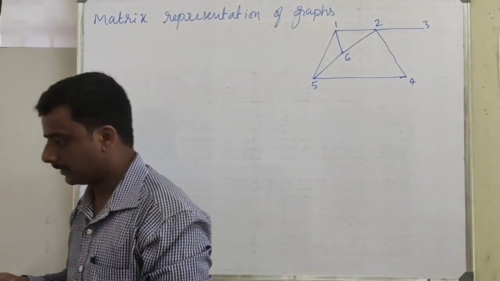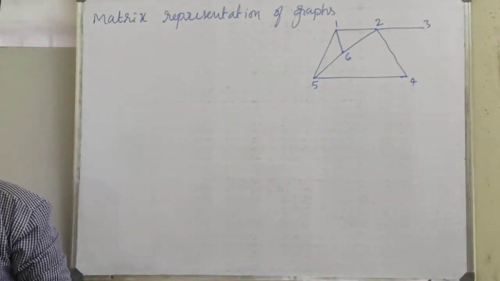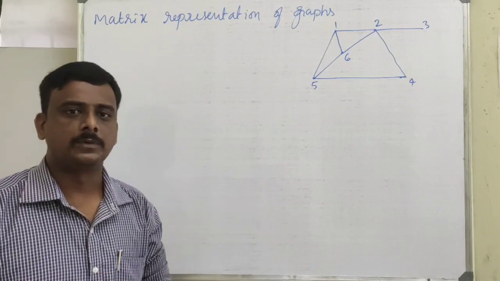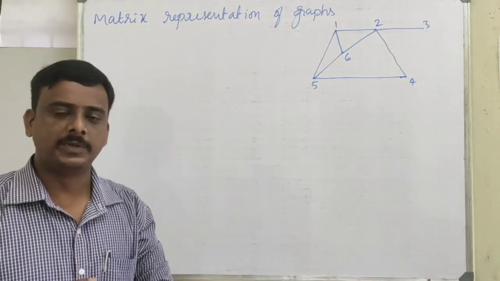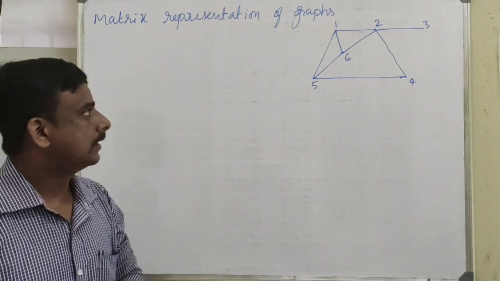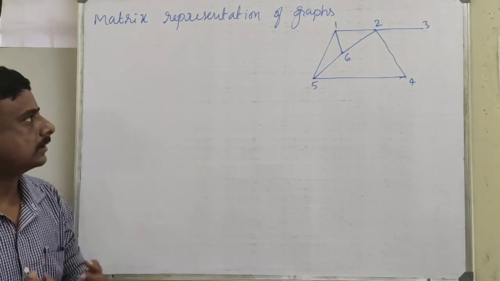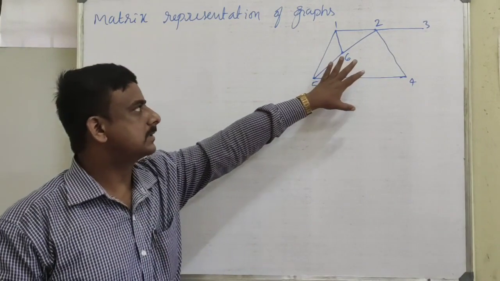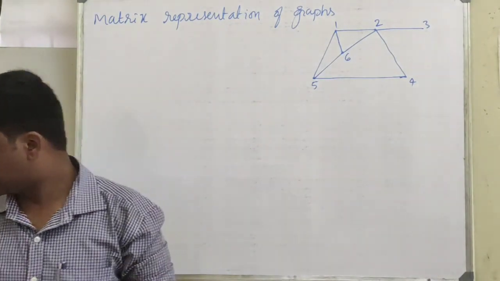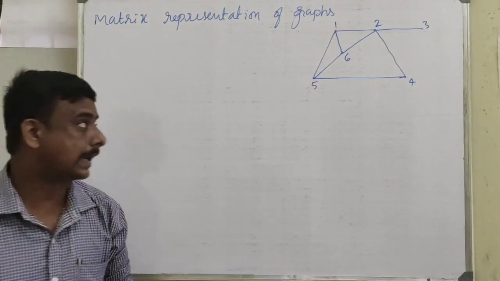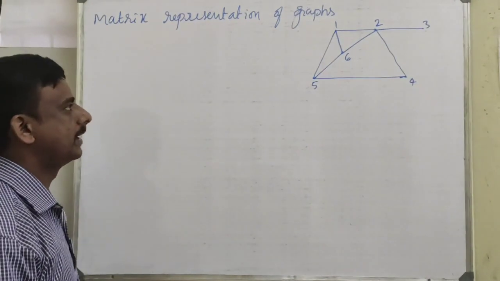I have a graph and now I want to represent this graph through matrix, so that representation should be unique, and I have to get some properties of these graphs that should be reflected in the matrix. So that way I am going to represent the graph using the concept of matrix.